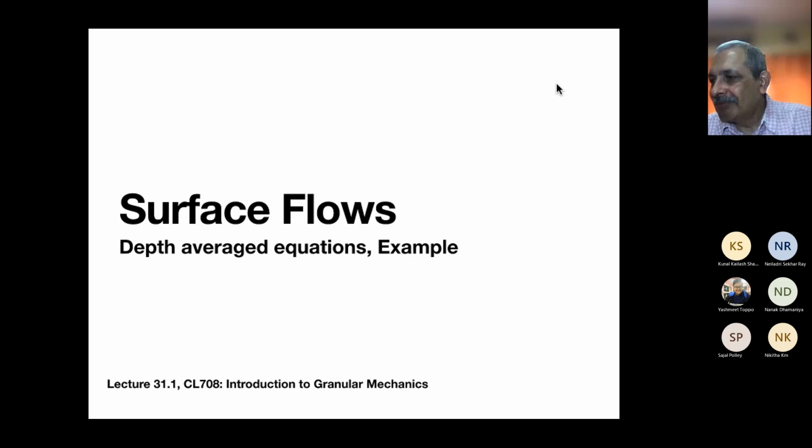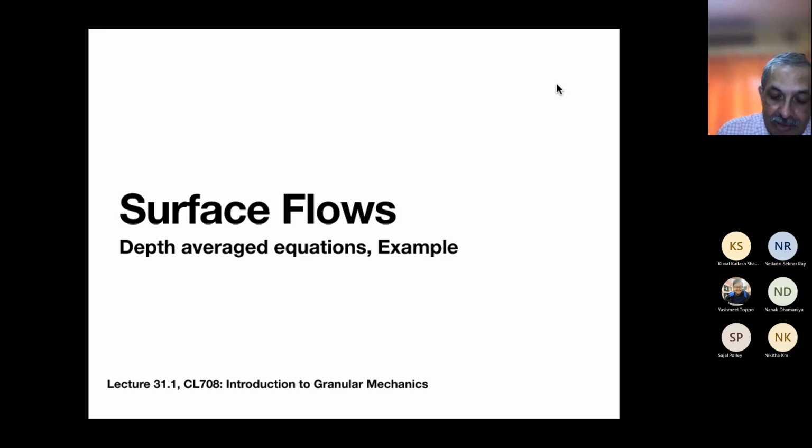Okay, so if we look back, we have been trying to understand granular flows, and we've really looked in detail at slow flows, and then we looked at rapid, dense flows, and in that, we were able to calculate the velocity at every point in the system.